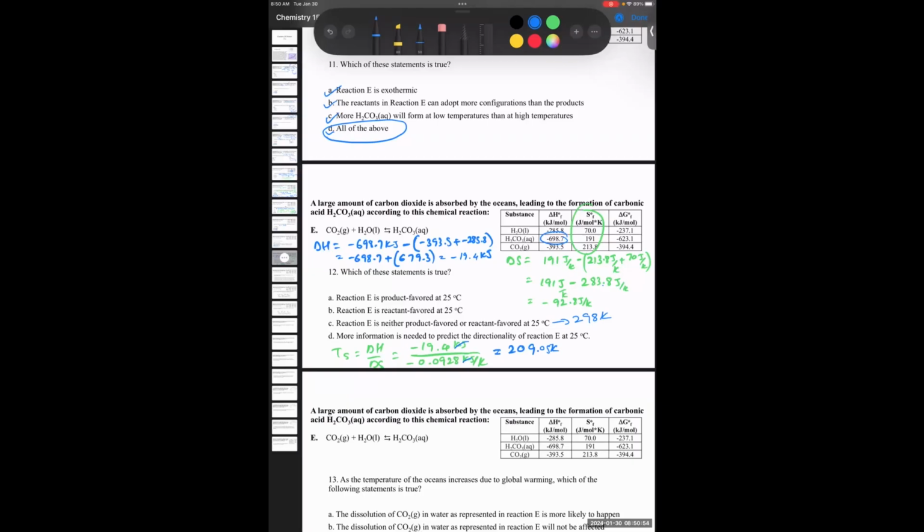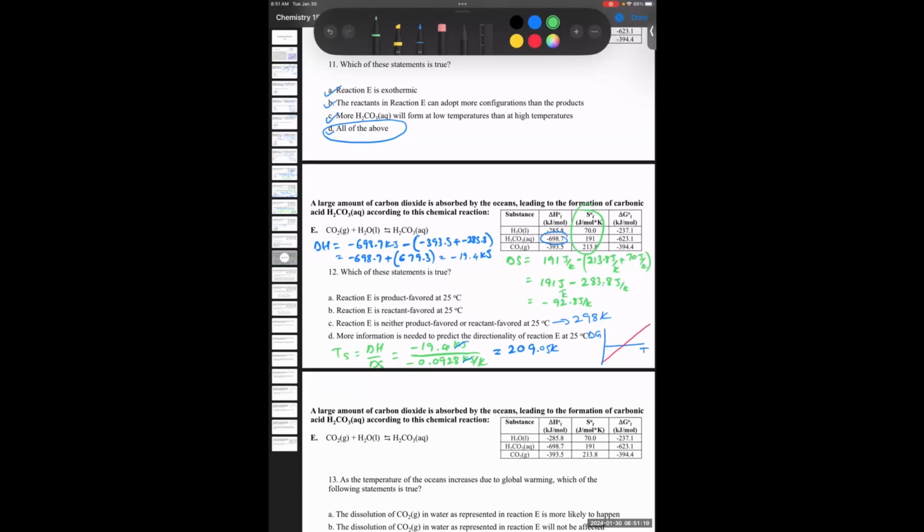Because 298 Kelvin is greater than 209.5, let me actually draw it like this to make more sense. Let's do the delta G versus temperature graph. This is product favored only at low temperatures, so it should look something like this.